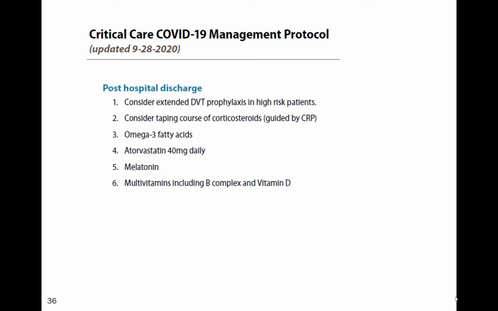So one should consider a course of corticosteroids. However, this should be guided by the C-reactive protein, and obviously this should be administered and monitored by the patient's primary care physician. The other things that are important are omega-3 fatty acids and statins, such as atorvastatin.